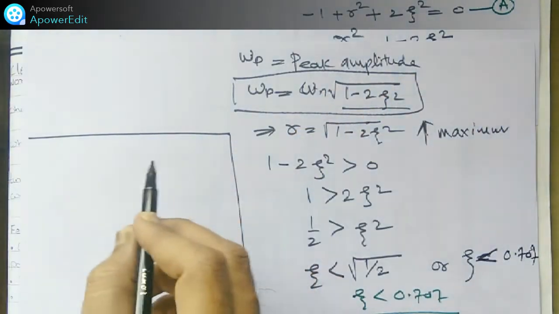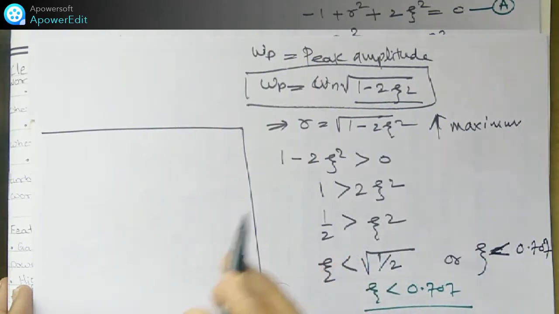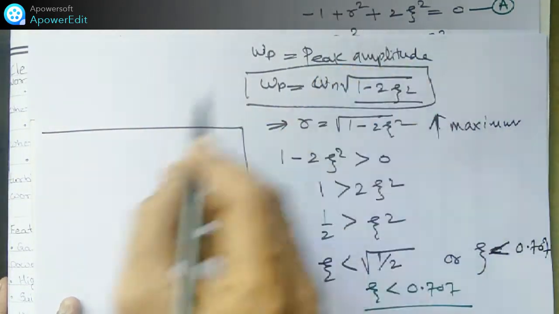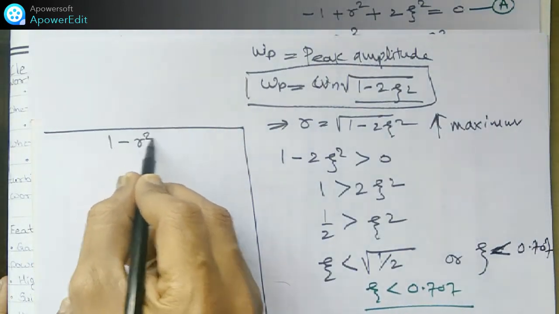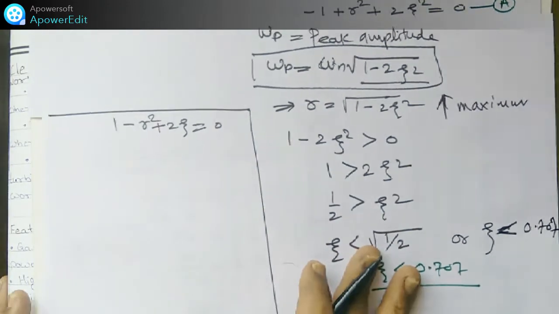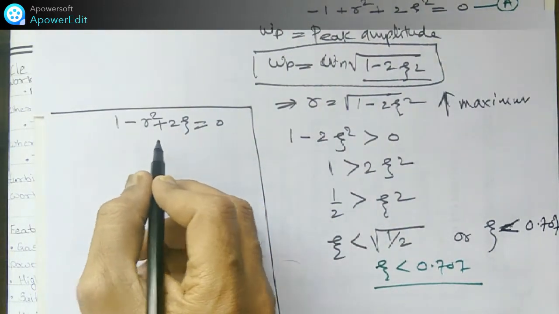From this equation, that is 1 minus r square plus 2 zeta is equal to 0. From this equation A, we can write it like this also.